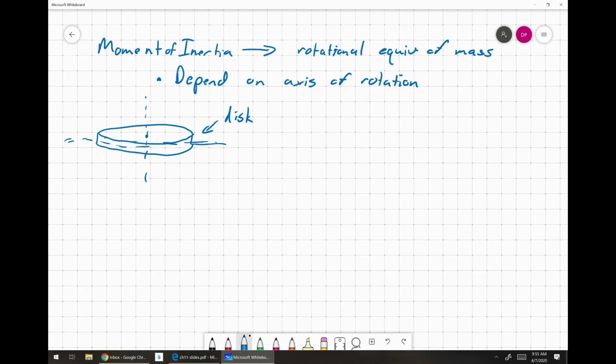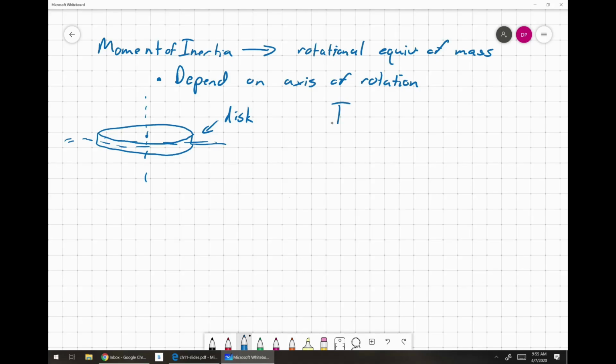Those will actually have different values for the moment of inertia. So whereas that object has a single value for a mass, it can have multiple different moments of inertia, which all depend on the axis of rotation.